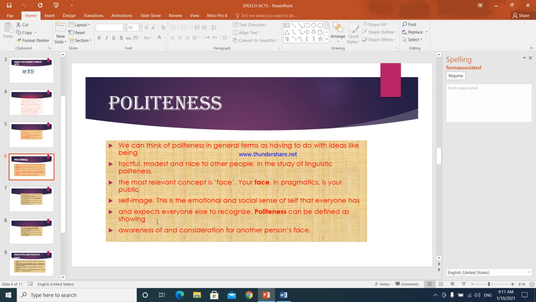Let's move to the other part of the lecture. Today we shall talk about pragmatics and politeness. Politeness, you know what is meant by politeness, right? But politeness might differ from one culture to another. And this is also a fact we know. Politeness is not the same around the world, around languages.